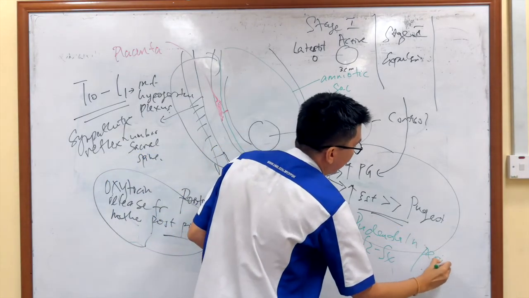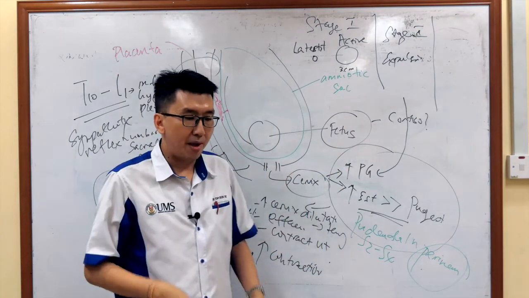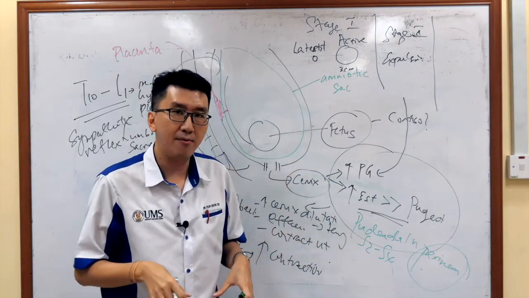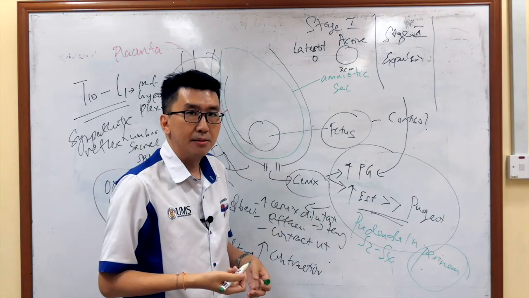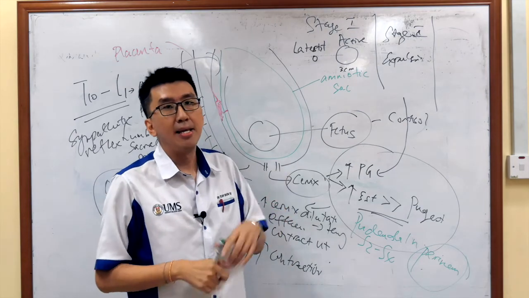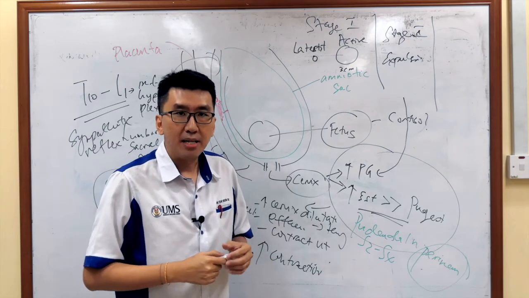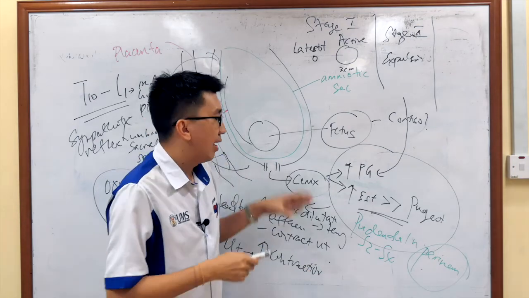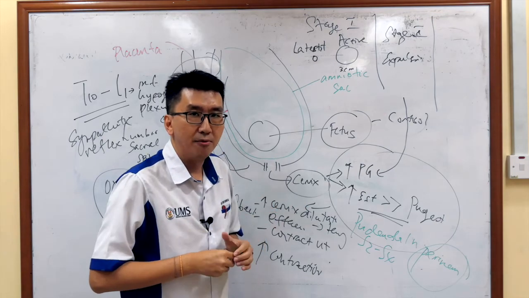So once the fetal head touches the perineum floor, or the pelvic cavity, the S2 to S4 nerves will be activated further, and this will cause an increase in prostaglandin release, estrogen, and oxytocin released further, causing more painful contraction, and the mother has to bear down further.